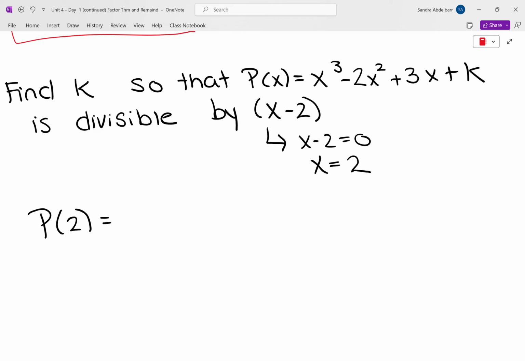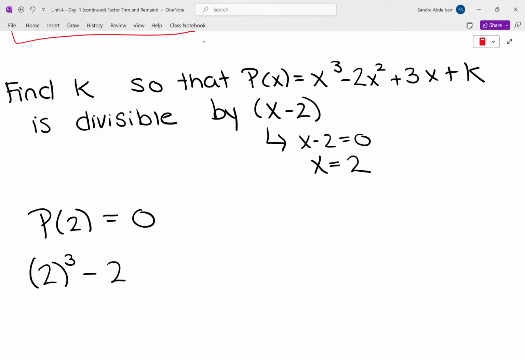Then I'm going to take p of 2 and say I need p of 2 to equal 0, meaning I'm going to plug in 2 into all my x's, and what do I need it to equal? 0.